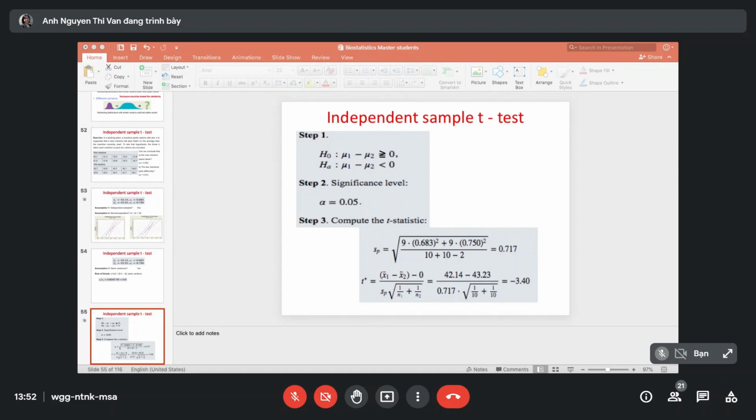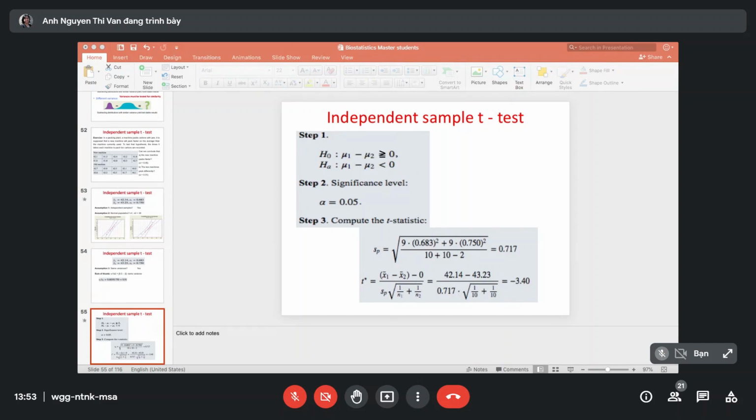Okay, so how to determine the T critical? Exactly. The T table in the table that you sent us is the table E, and the degree of freedom is 18.